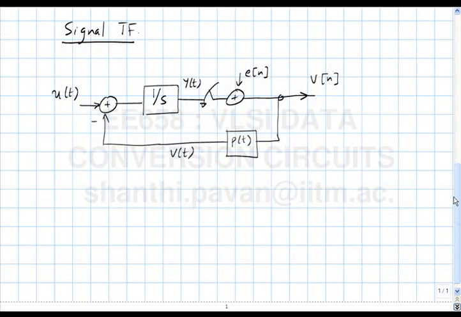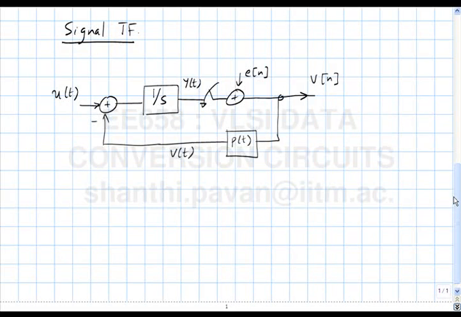Okay, the feedback is all in discrete time, so it makes sense to get rid of as many of the continuous time blocks from this discrete time loop as possible. So the first candidate that comes to your eye is 1 over s. So how do you get rid of 1 over s?